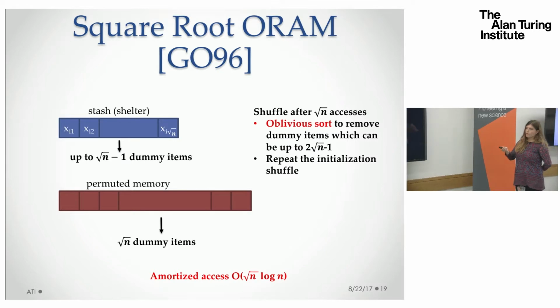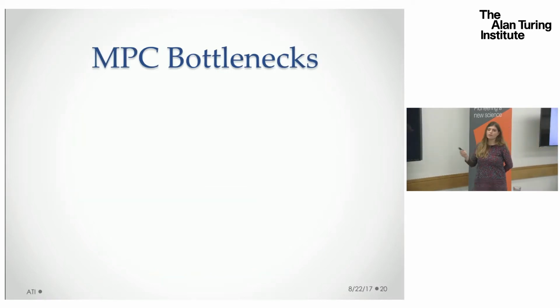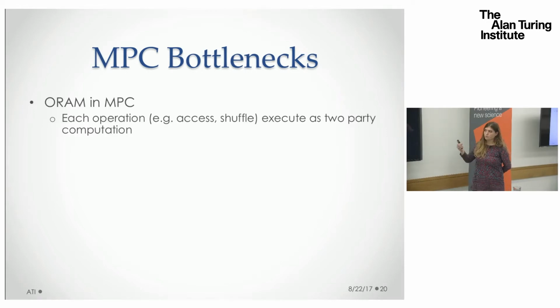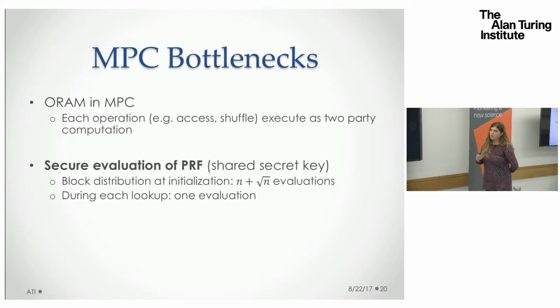So I already started mentioning that there are some MPC bottlenecks when you try to use this solution. Just a reminder, when we use ORAM in the context of MPC, every one of these operations, the access, the shuffles, the permutations in the beginning, will have to be executed as a two-party computation that has this representation as circuits and so on and so forth. So one of the most expensive steps in this protocol will be the evaluation of the pseudorandom function.